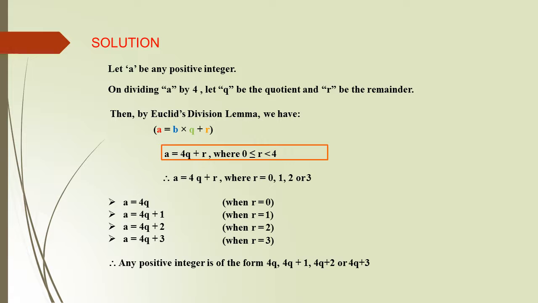Let's take the number 1. 4 into 1 is 4, 4 + 1 is 5, 4 + 2 is 6 and 4 + 3 is 7. So we get all positive integers. Yes? So any positive integer is of the form 4q, 4q + 1, 4q + 2 or 4q + 3.